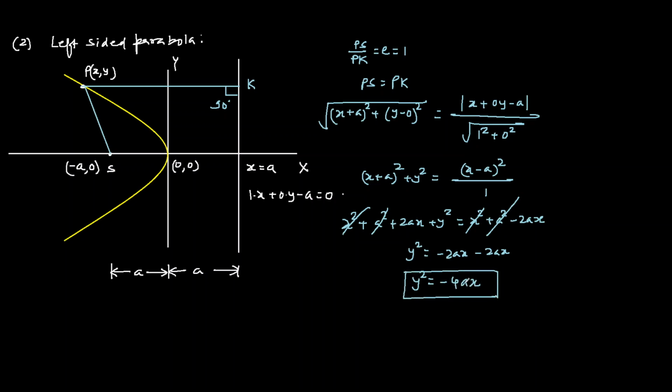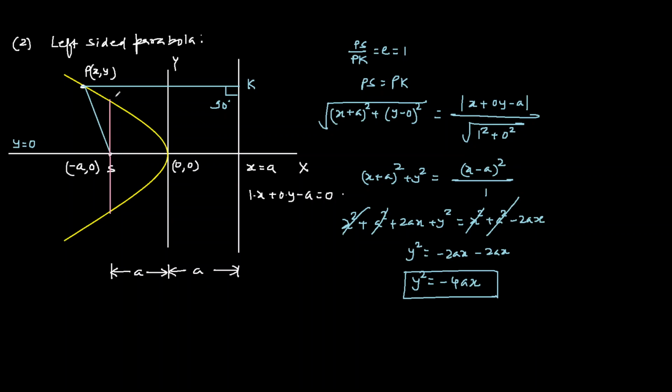So this is the equation for the left-sided parabola, which is symmetrical about the x-axis because its principal axis is the x-axis, or y equal to 0. Now we have the latus rectum, which is a chord passing through the focus and it is perpendicular to the principal axis.